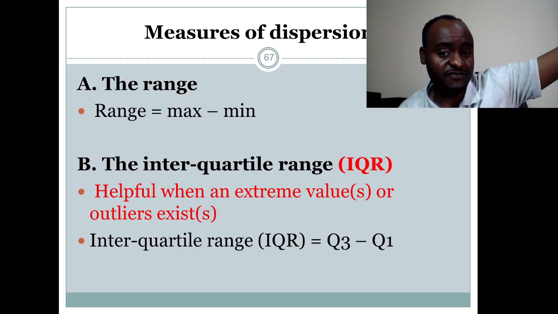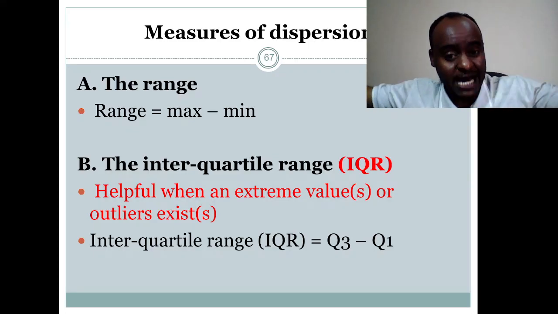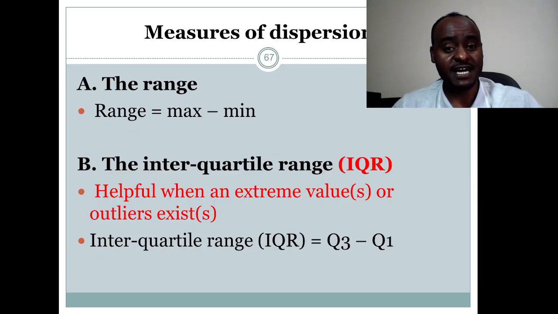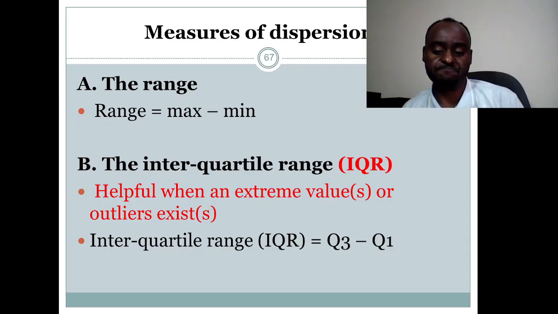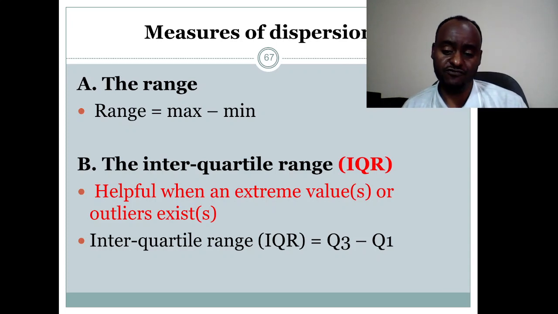Because the highest 25% and the lowest 25% are excluded. They are not in the discussion. They are out of the discussion. We don't mind their dispersion. We don't care about their variation. You see, that is the problem of the interquartile range. Except for that, it is so fine. The interquartile range is very powerful.